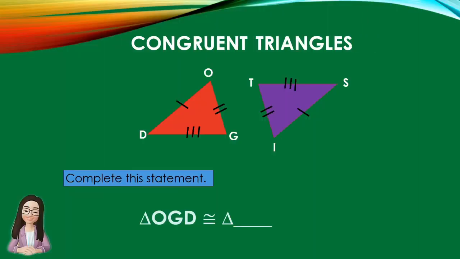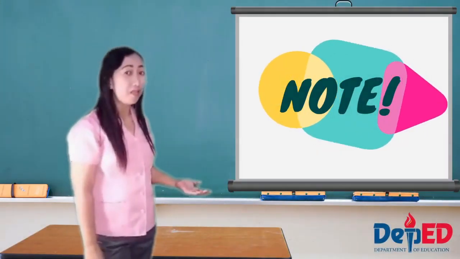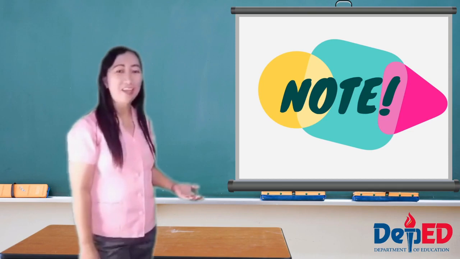And for our last question in our review, can you complete this statement too? Triangle OGD is congruent to blank. So if you get it correctly, I guess you enjoyed this activity. Take note of this. In a congruent statement, order is the key.